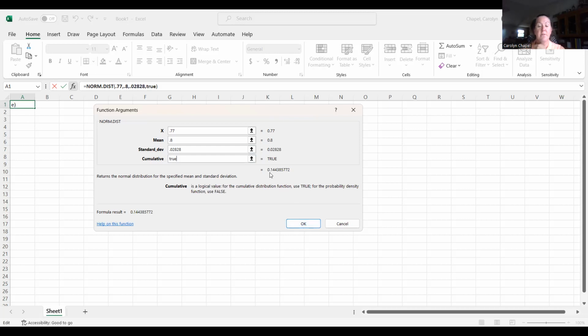You'll also notice before I hit OK, it does show up in the box. You can see that here we have 0.144. I think that's a 3.8, which is slightly different than what we had. But again, here I did round my standard deviation. If I put in a few more digits, we'll see that it does turn up a little bit more too.